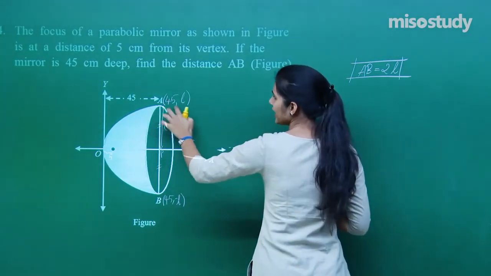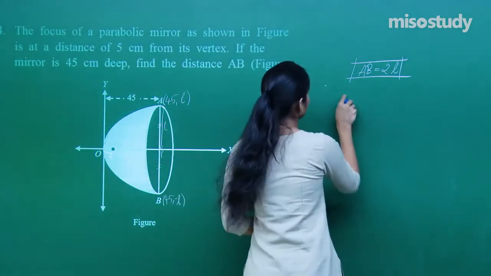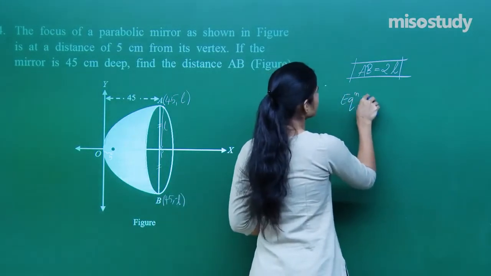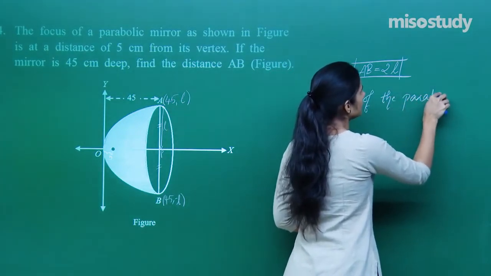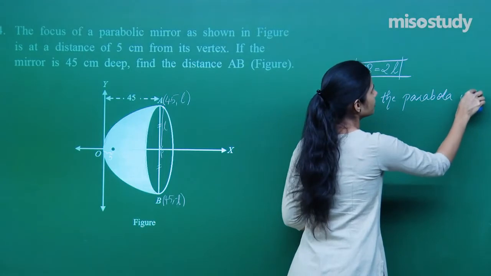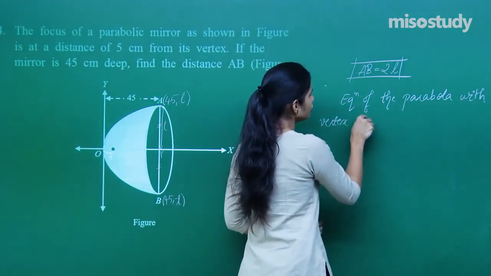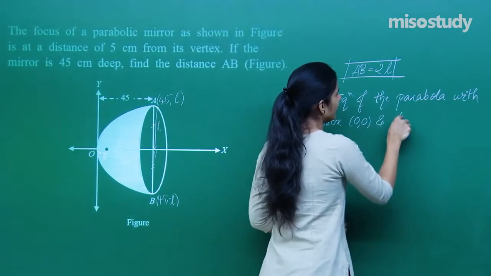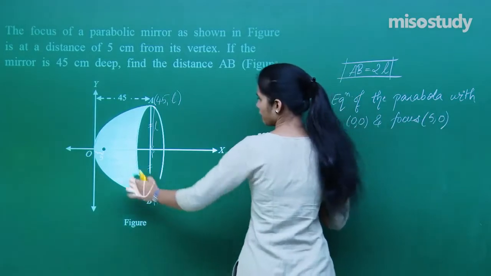Now the point A is having coordinates 45 comma L and point A is lying on this parabola. Equation of this parabola with vertex origin and focus as 5, 0. This is my focus.